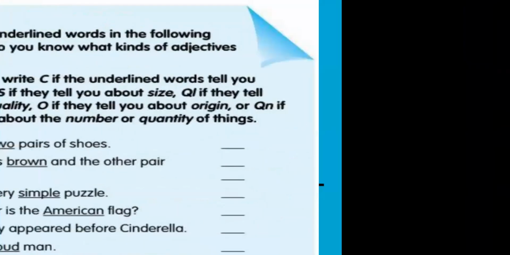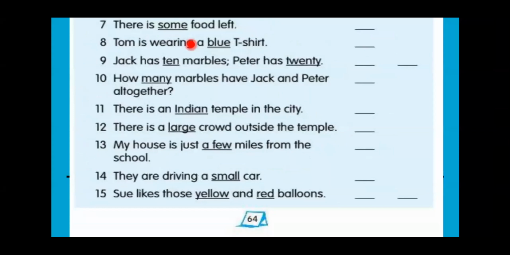Now next. There is some food left. Quantity, QN. Here the word some, is it denoting how much food? No, it's not the exact number, but the quantity, the amount. Okay, thoda hai, zyada hai, kam hai. The word some is denoting that. It's not exact.